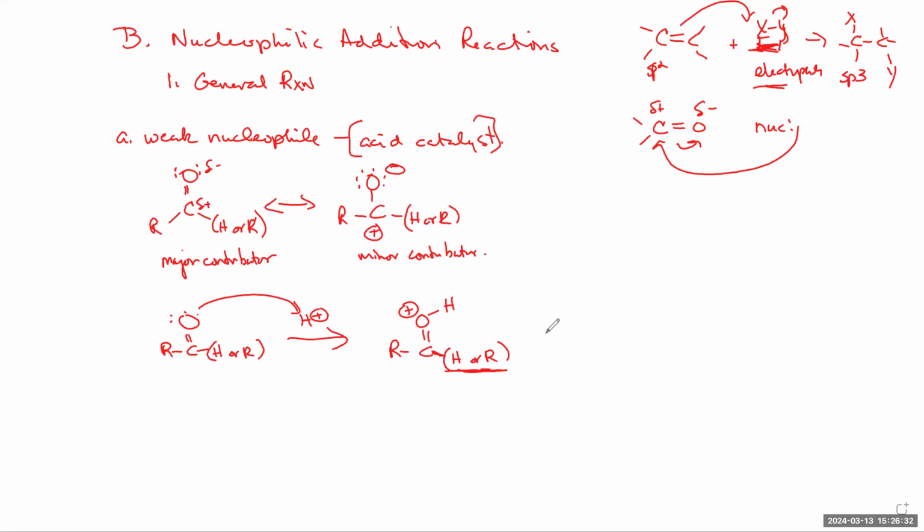And so when we get to this, this thing has resonance also. I could take the lone pair of electrons and go up to the oxygen. And when I do that, it's true this still has an incomplete octet. And this is still the major contributor. But this is better.